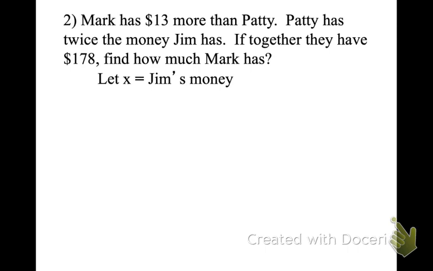And then it's kind of easiest to do Patty, right? We can call her twice Jim, right? 2x. And then Mark has 13 more than Patty. So it's more than, so we're going to do 2x plus the 13.